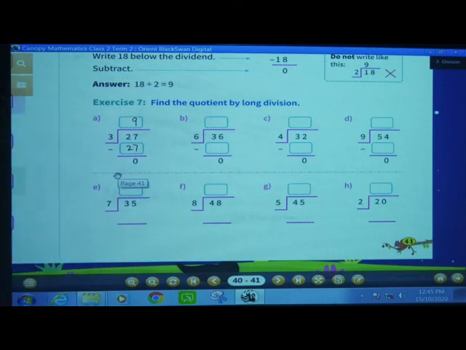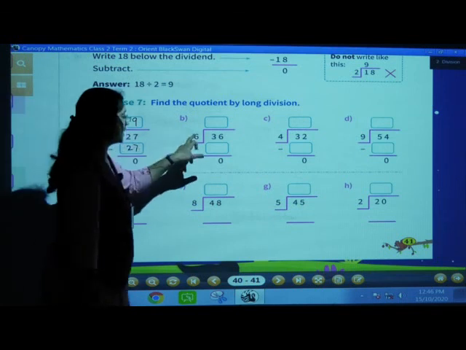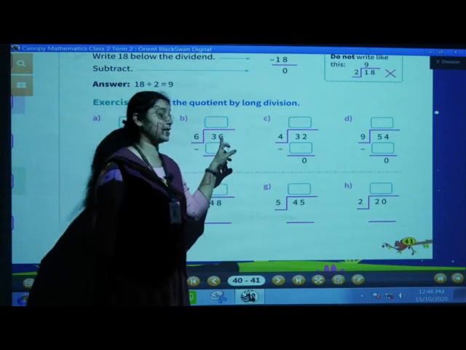So say table of 6 with me. 6 ones are 6, 6 twos are 12, 6 threes are 18, 6 fours are 24, 6 fives are 30, 6 6s are 36.